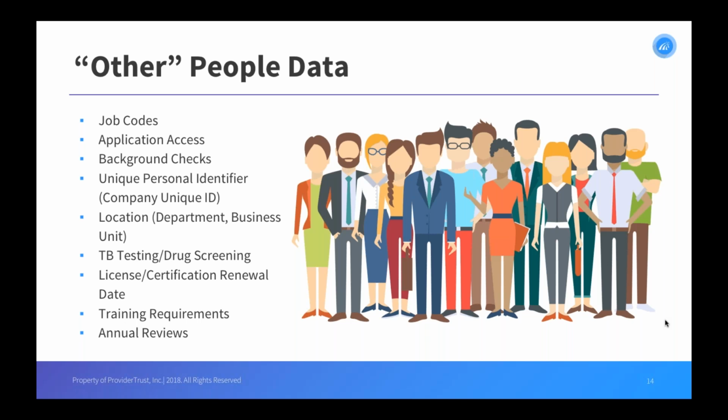Job codes, application access, background checks, unique personal identifiers, locations, any sort of testing or drug screening results, LCR dates, or any of the actual artifacts associated with licenses, certification renewal, training requirements, or annual reviews, right? So where is that stored? Where is that warehoused? That's sort of what we would refer to as phase 2 of people data.